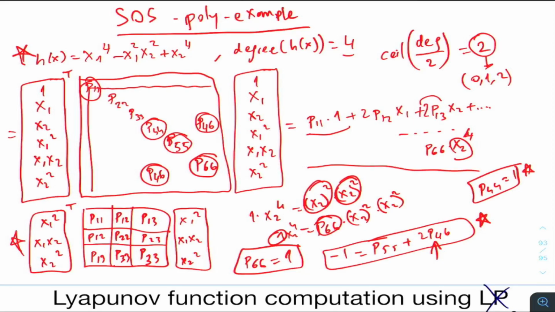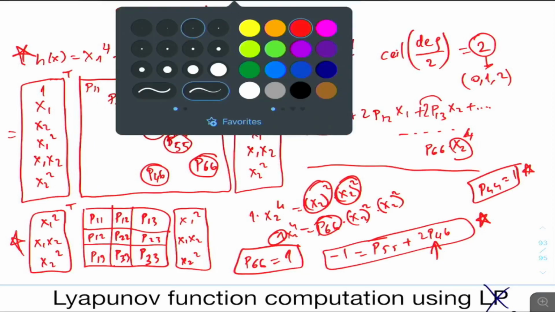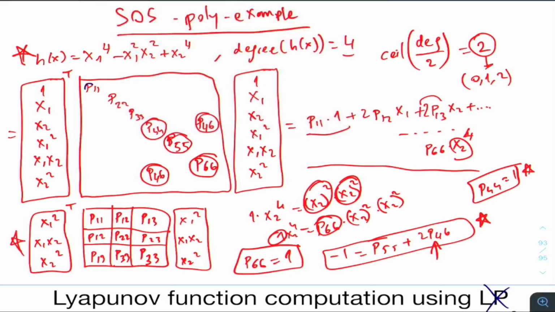Then we'll look at the E22 term, and maybe I should use blue color to differentiate it. This is 0, and this was 0. P22 is 0 again. You can do that after you get rid of the P11 reduction.